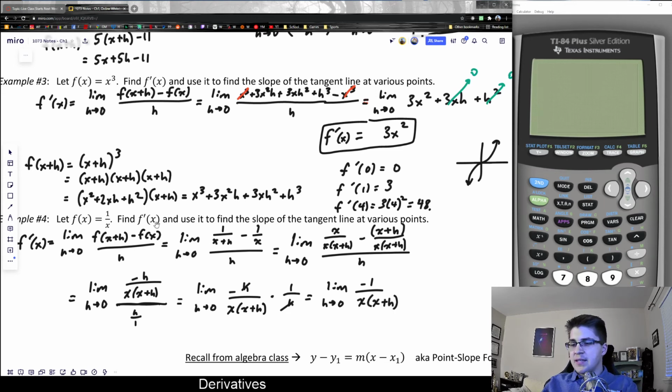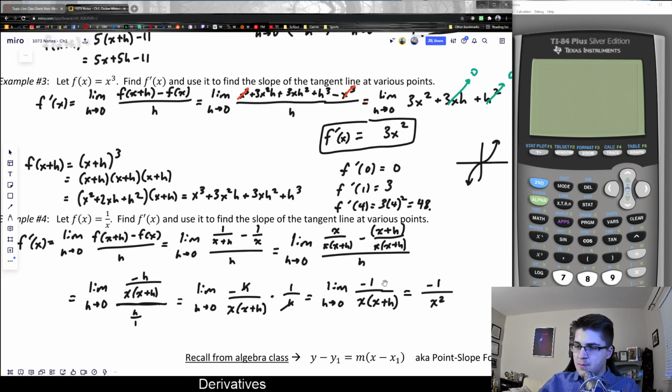Now at this point, as soon as I cancel out this division by h, the limit works. I can plug in 0 because this rational function is no longer undefined at 0. So if I plug in 0, I'm left with negative 1 divided by x times x plus 0, or x times x, which is of course x squared.